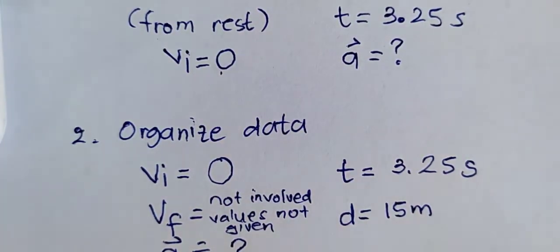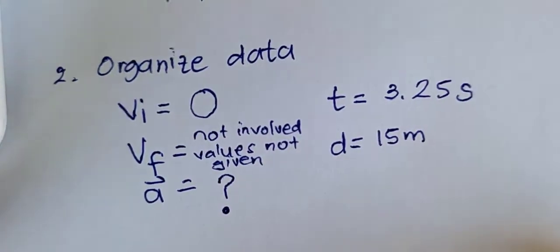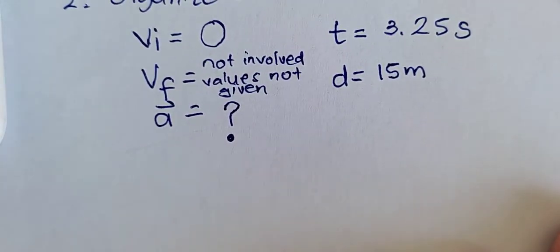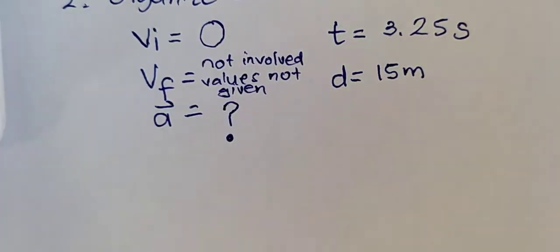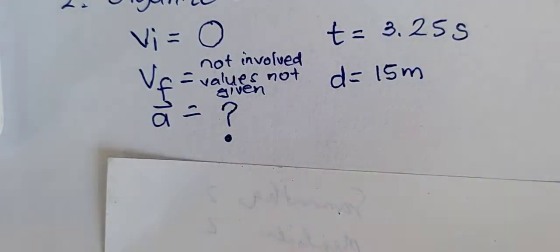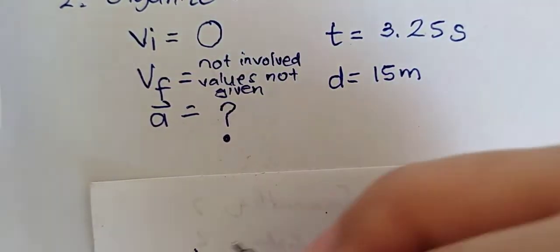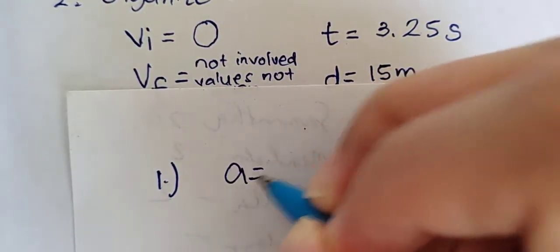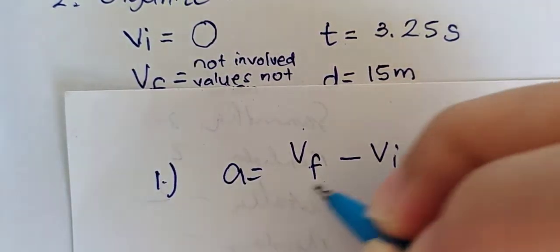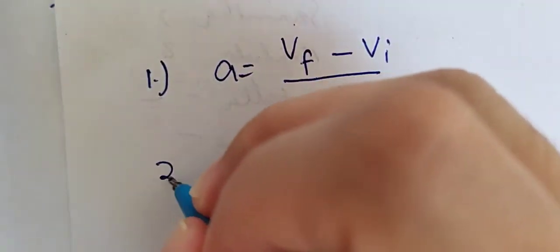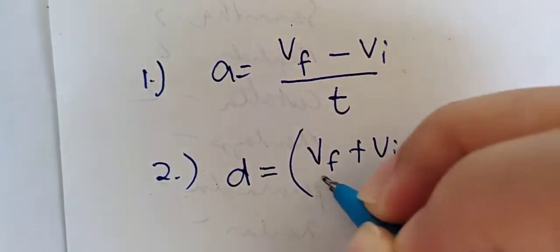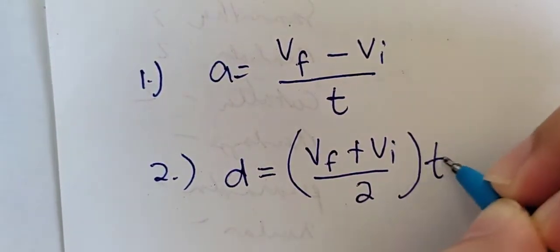Now, this data will be utilized and compared with the four kinematic equations. So what will be the best kinematic equation that we can use to solve this problem? In your notes, you have these four kinematic equations. Number 1: A equals Vf minus Vi over t. Equation number 2: distance equals quantity Vf plus Vi over 2 multiplied by time.